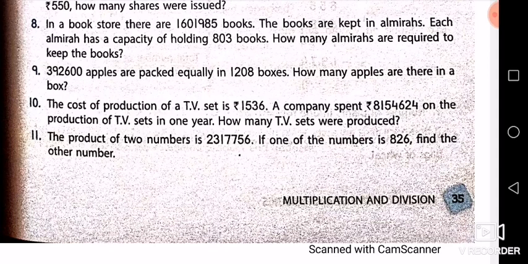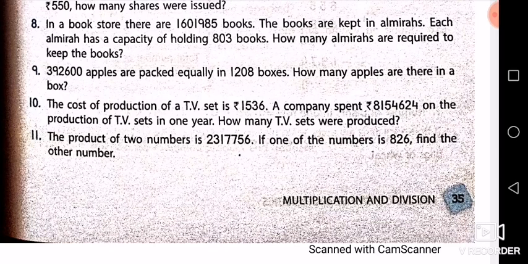Now here the product of two numbers has been given to you. Understand this question carefully. What is the product of two numbers in this question? Yes, 23,17,756. Now, if one of the numbers is 826, so you will write one number is 826.